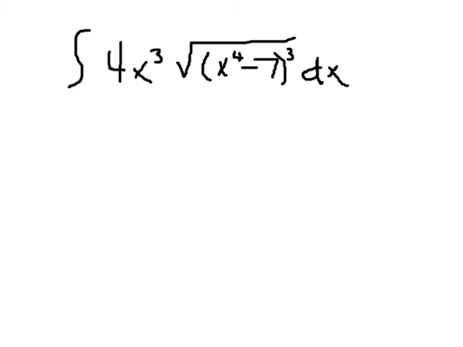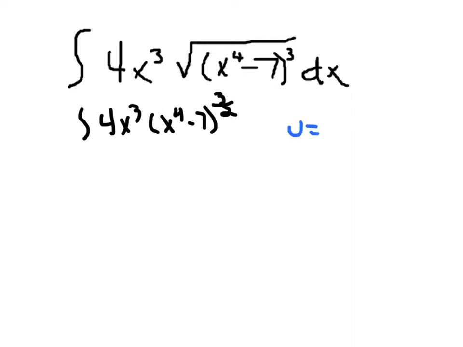We'll do a couple U-sub indefinite integral problems. So here's a good candidate for U-sub. First thing, I'm going to rewrite it as the integral of 4x cubed times x to the fourth minus 7 to the 3/2 power. Remember, I set u equal to what was x to the fourth minus 7.